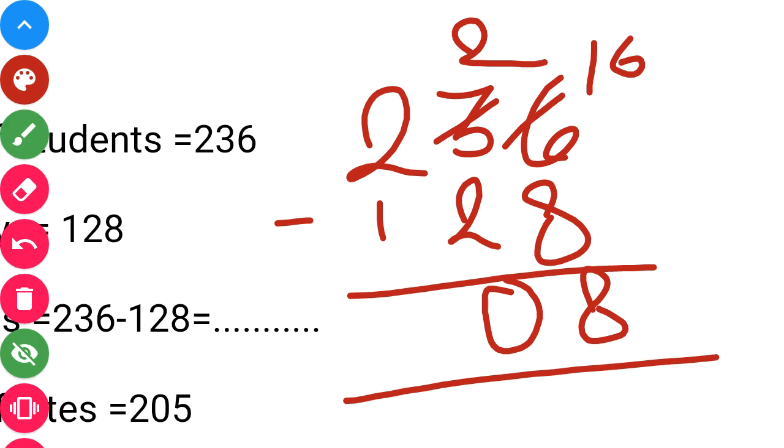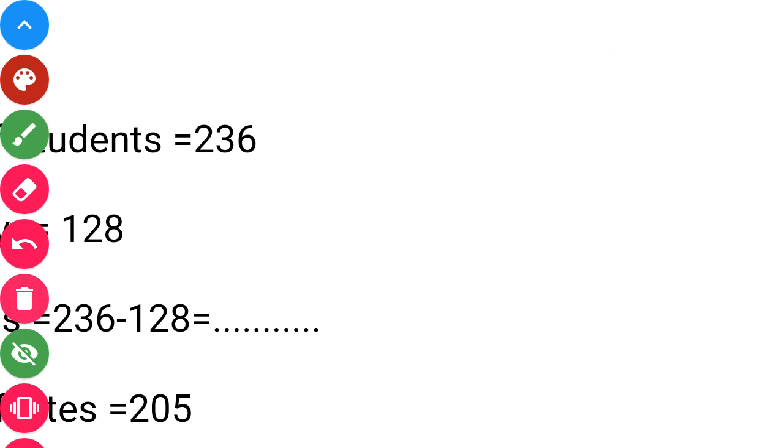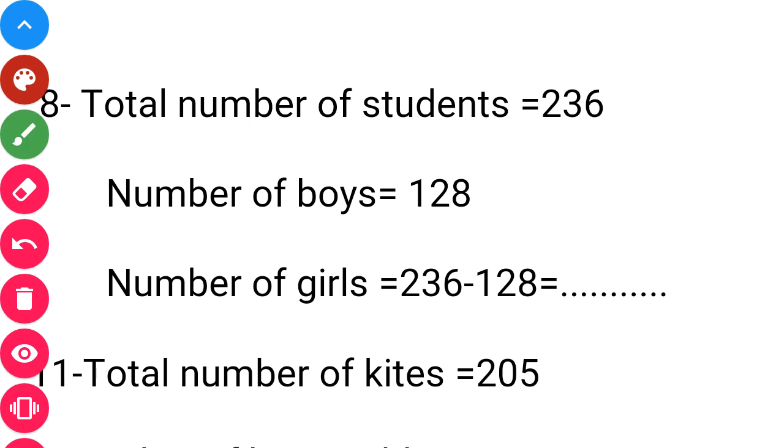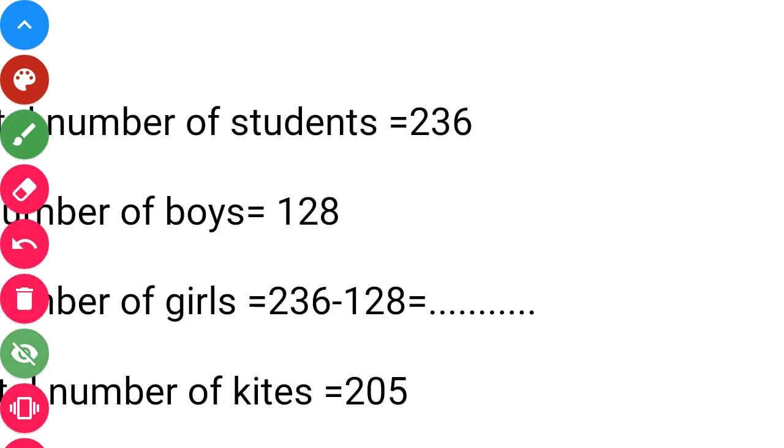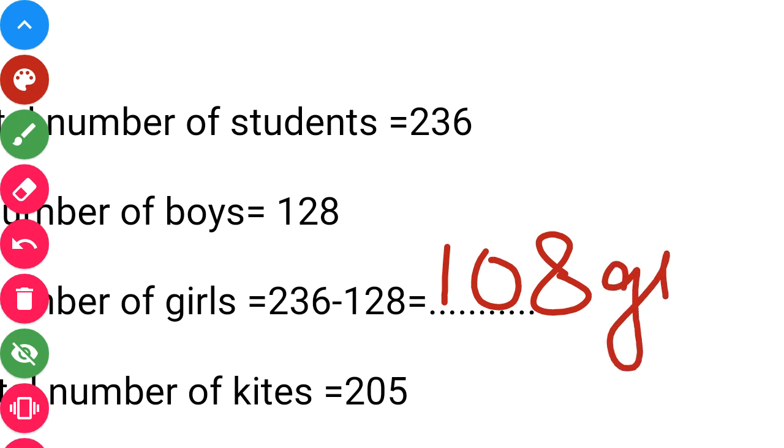Subtracting 1 from 2, we will get 1. So our answer will be 108. That means 108 girls were there. Okay. Great. Let us do the next question.